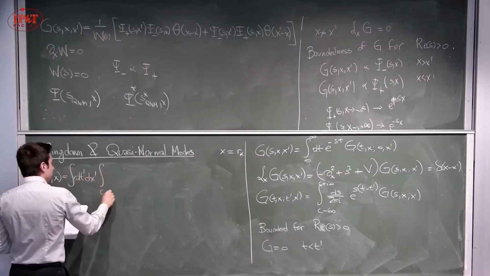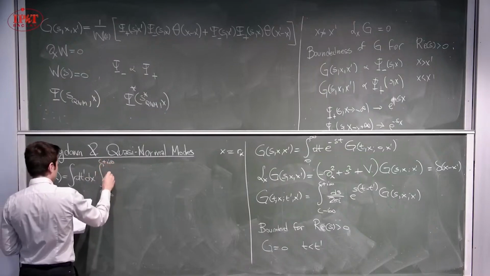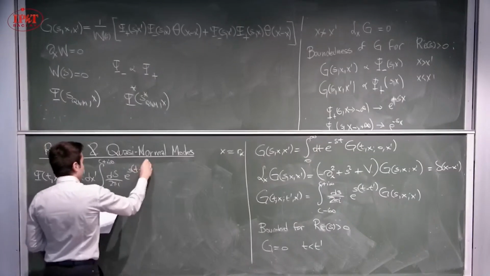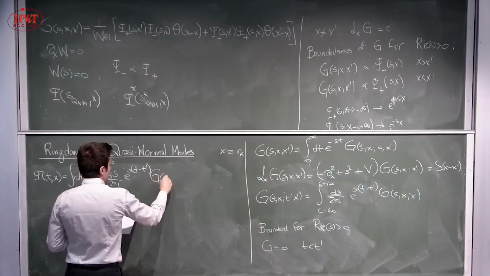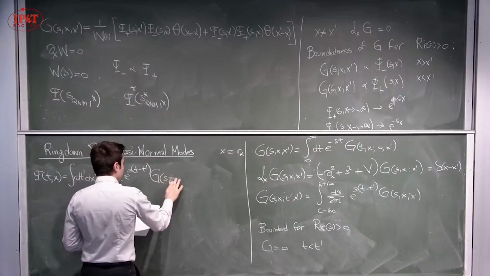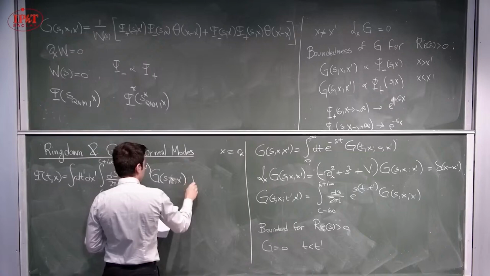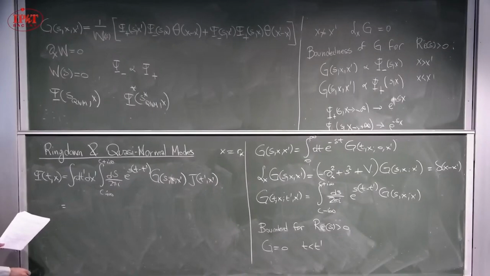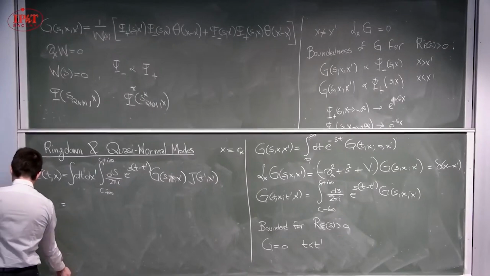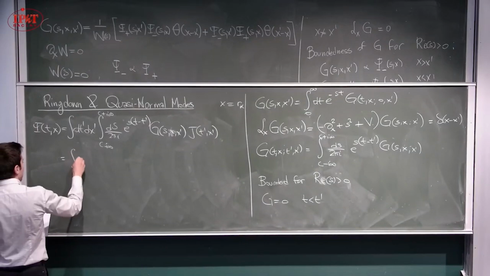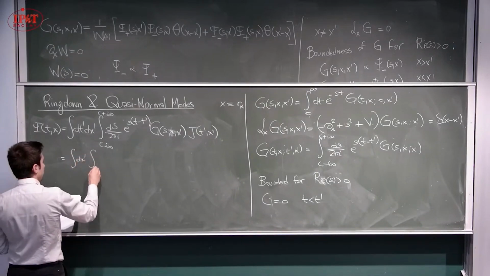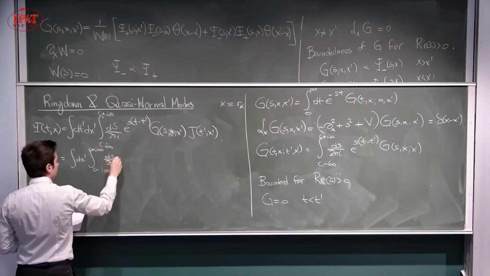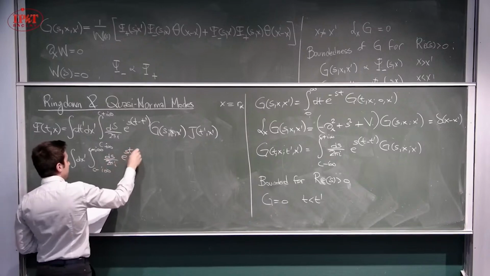Then we have the integral from c minus i infinity to c plus i infinity of ds over 2 pi i, e to the s t minus t prime, G s t, G s x prime, of the source x prime, and if we integrate in dt prime, we are going to get an integral in dx prime, an integral in ds over 2 pi i, e to the s t.